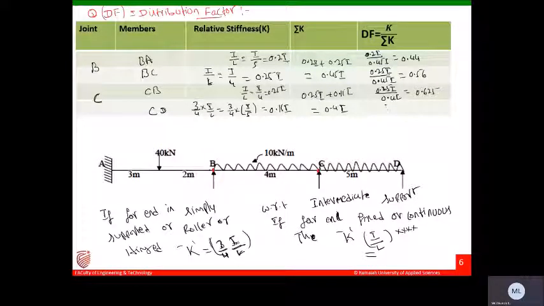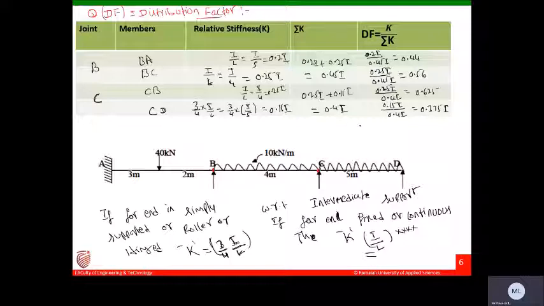And similarly, 0.15 I divided by 0.4 I gives 0.375. So these are the distribution factors for the respective members.